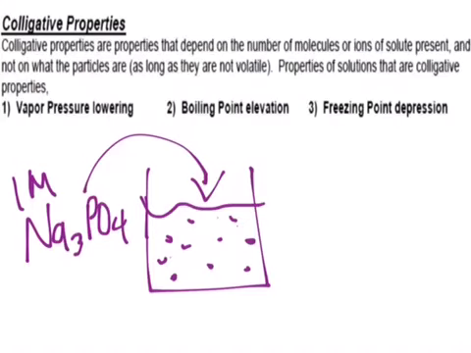Now what happens is we end up getting 3 Na+ and 1 PO4.